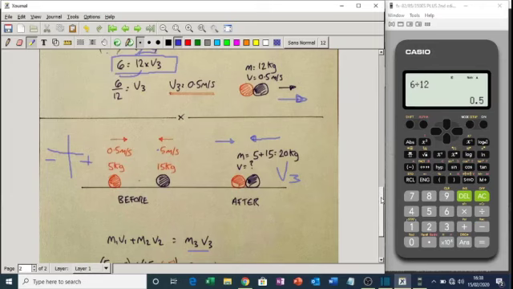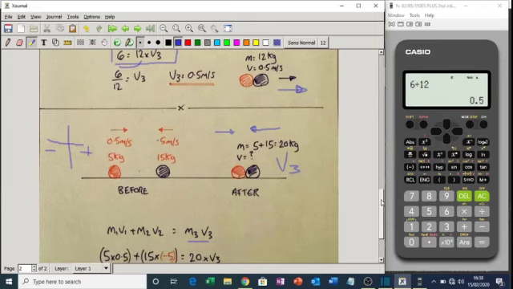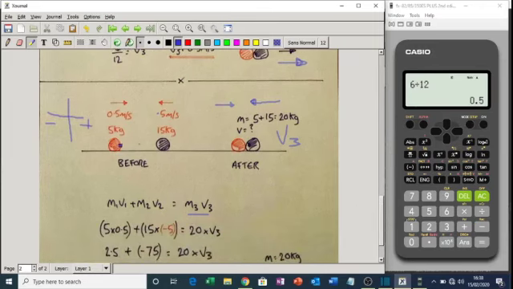So M1V1, 5 times by 0.5, nice and easy, plus M2, which is 15, times by V2. Because V2 is coming this way, it's 5, we're going to put a negative number in there because it's going the opposite way to the 0.5. So we need to make that difference in the formula.